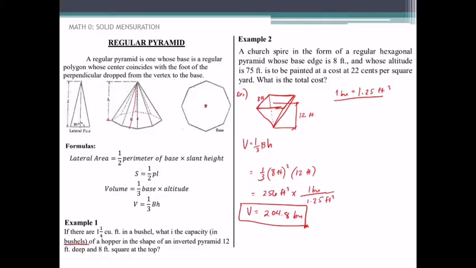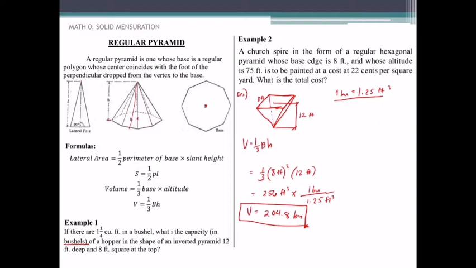Okay, next one. A church spire in the form of a regular hexagonal pyramid whose base edge is 8 feet and whose altitude is 75 feet is to be painted at a cost of 22 cents per square yard. What is the total cost? So we are to find the cost.